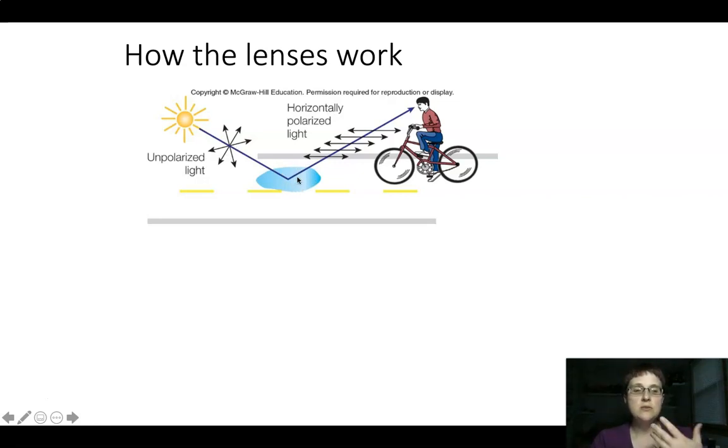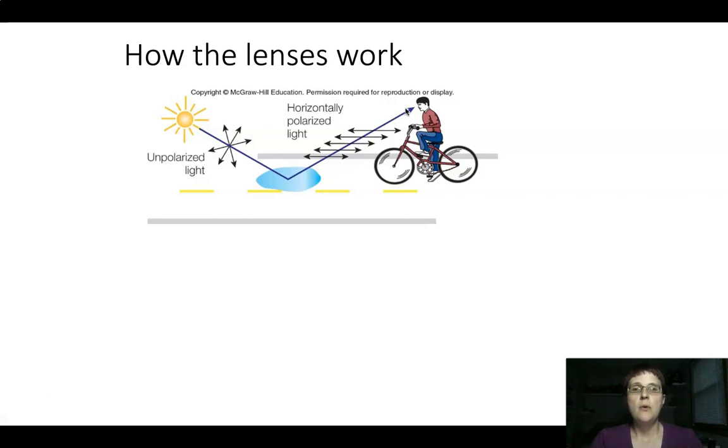Now it's transparent, so some of it will actually get absorbed, but some of it will get reflected, especially depending on the time of day. The light that's reflected is going to be horizontally polarized. So it's going to bounce off of that surface and it's going to be horizontally polarized, and that's what's going to come towards your face.